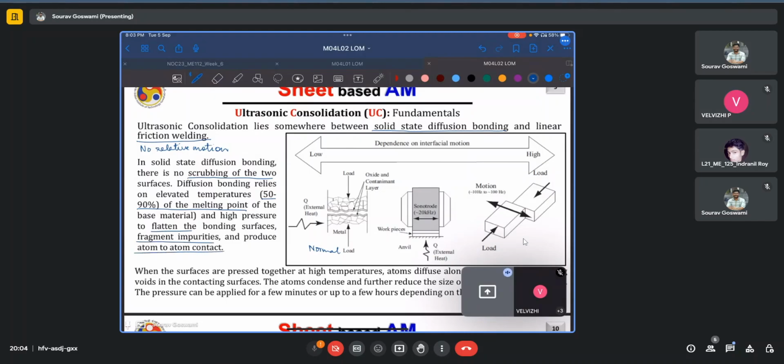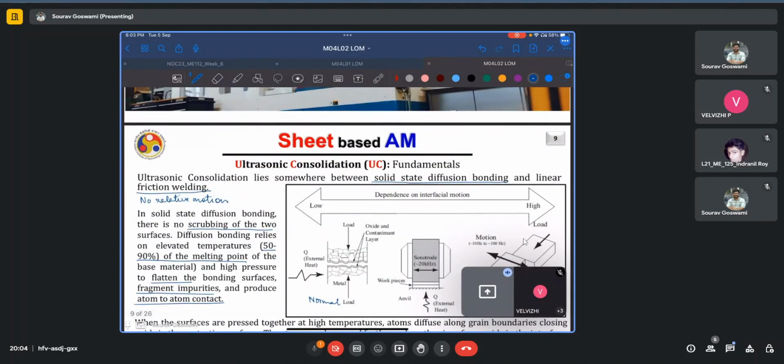atom to atom contact. As we are well aware, no two surfaces are absolutely flat. Whenever you have surfaces, they will have these peaks and valleys called asperities. And when you bring them in contact, the apparent area of contact is far, far larger than the actual area of contact. So only a fraction of the area which is apparently in contact is actually in real contact because of the morphological nature of the surfaces and the presence of these asperities.